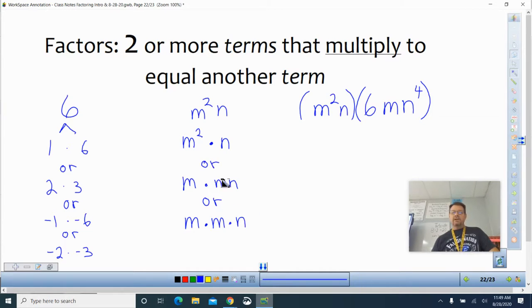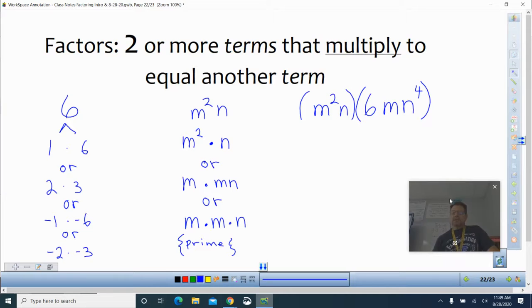So all of these are factors because it's 2 or more terms that multiply to give you another term. So 2 terms, 3 terms, and those are 3. And now this is a special kind of factors. This is what? Prime. Okay, and so that's an important thought there. Okay, that's the prime factorization.